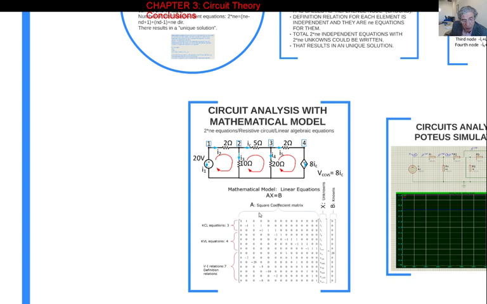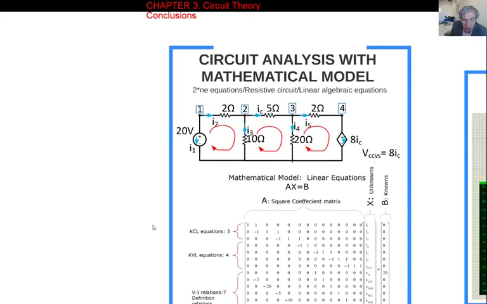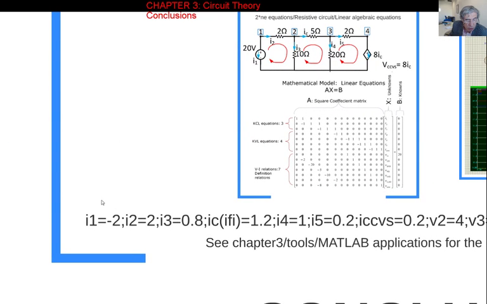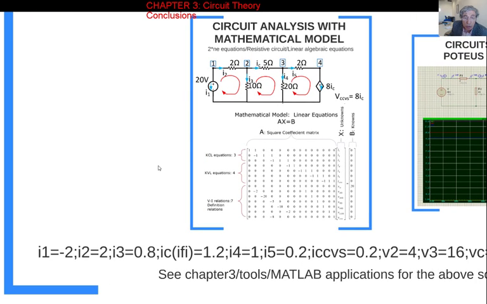From that, once I calculate that I1, I know the voltage of this, and the multiplication of those two gives me the power. So if you go back here now, the result here is minus 2 amps. So multiplied by minus 2 and plus 20 here is going to be minus 40 watts.